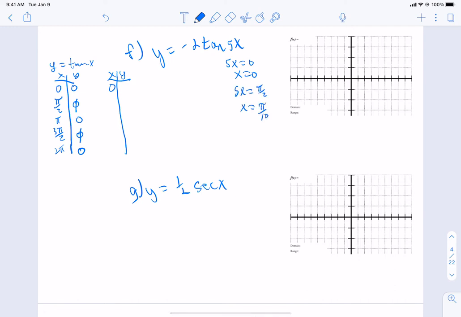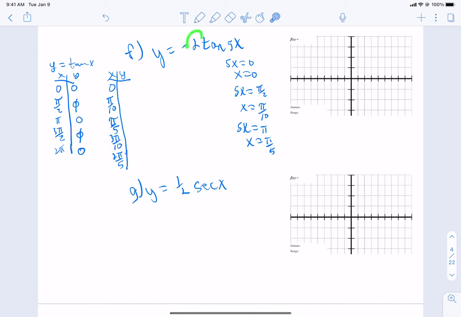So that's pi over 10. 5x equals pi. That's pi over 5. And then that's 3 pi over 10. And then that's 2 pi over 5. Okay? So we need to count by tenths, so we can make our graph paper do what we want it to do.